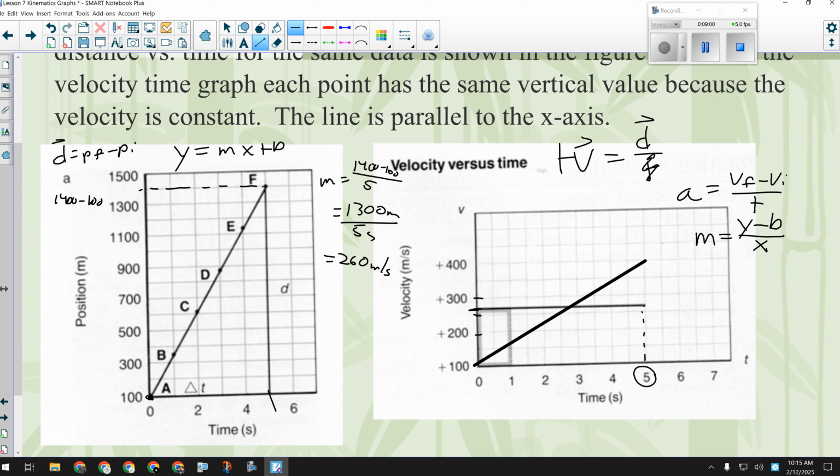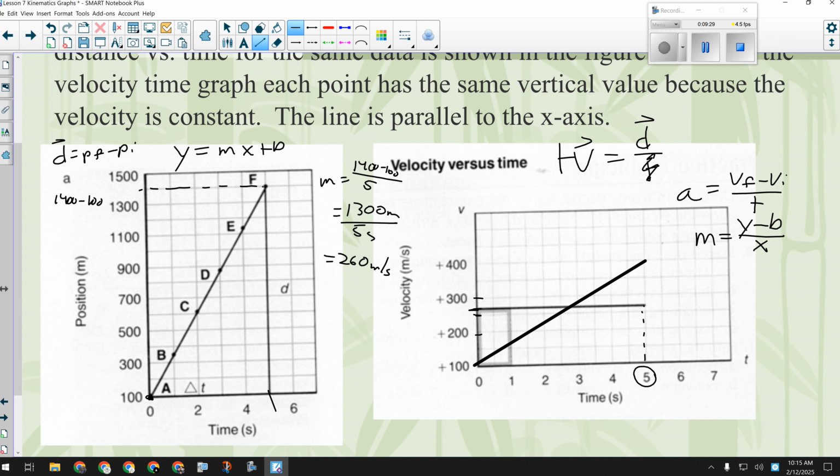On this graph, the slope of the line is the acceleration because it tells you the rate you're changing your velocity by. Just like on any graph, the slope is how quickly y changes as a function of x. On the earlier graph, how quickly y changed as a function of x was velocity, change in position divided by time. On this graph, it's change in velocity divided by time.